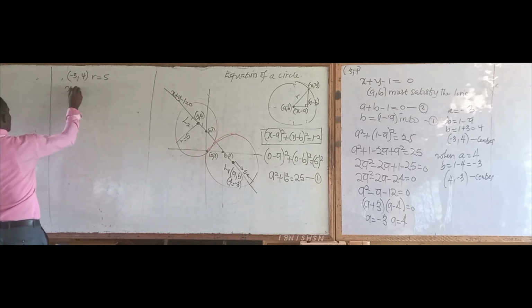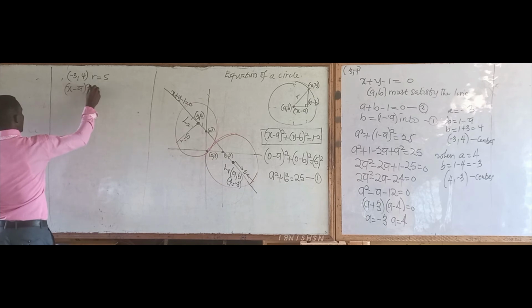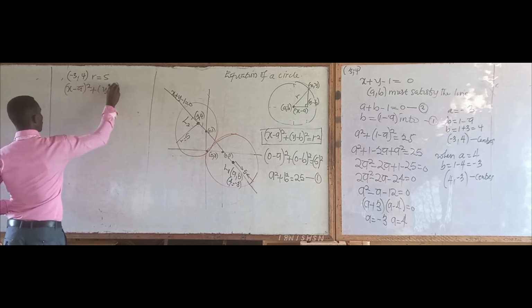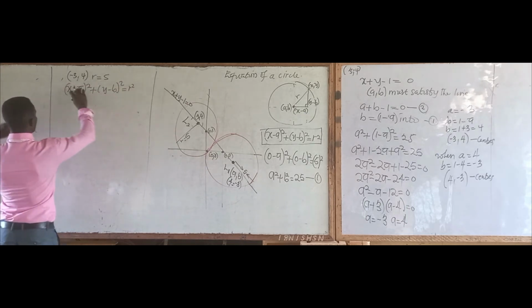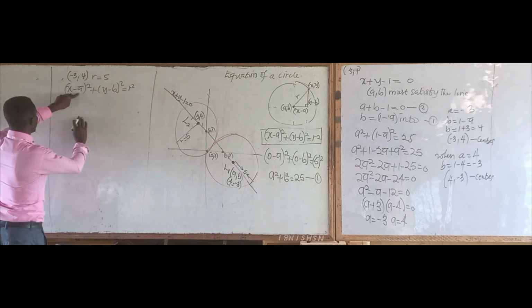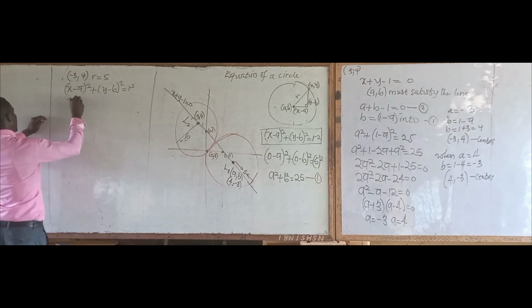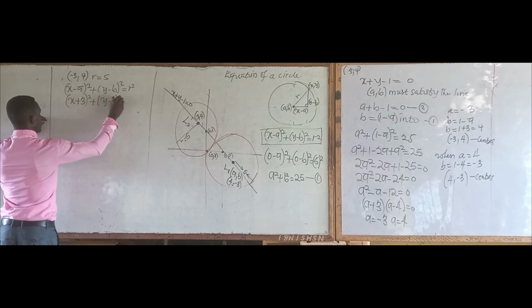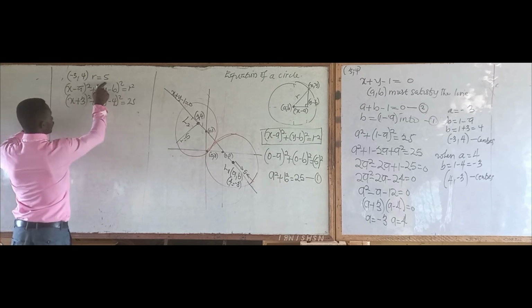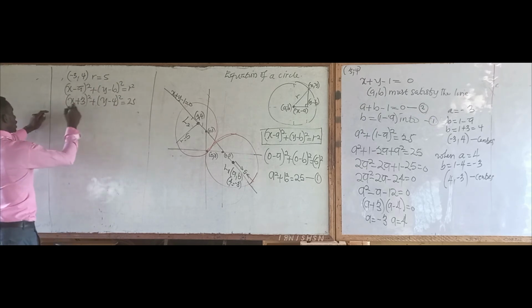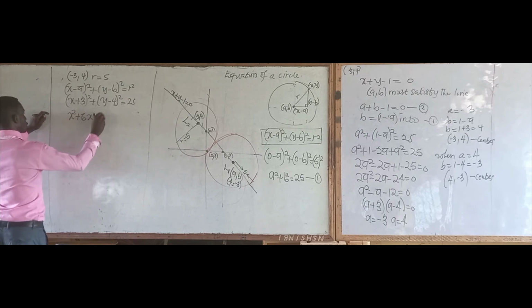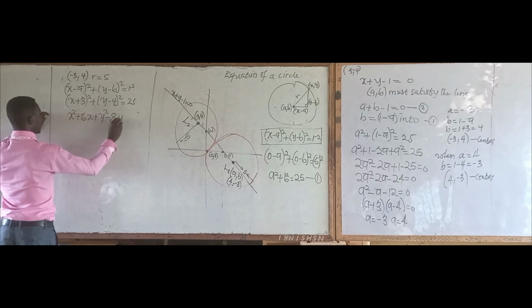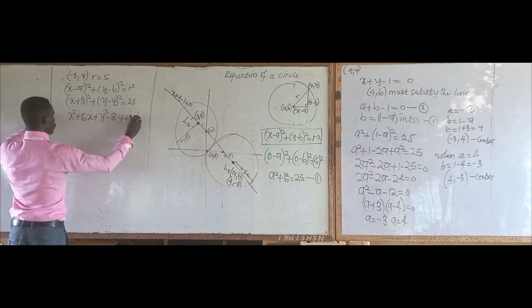So it becomes x minus a all squared plus y minus b all squared is equal to r squared. So x plus 3 all squared plus y minus 4 squared is equal to 25, because 5 squared is 25. This will give me x squared plus 6x plus y squared minus 8y plus 16 is equal to 25.